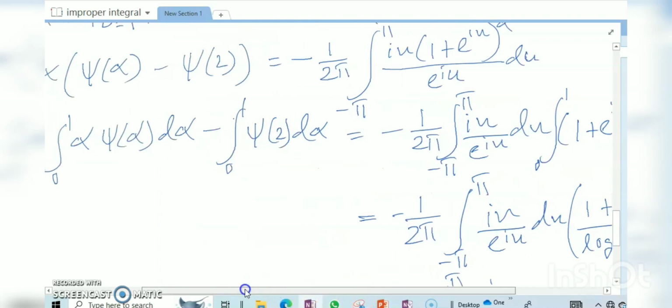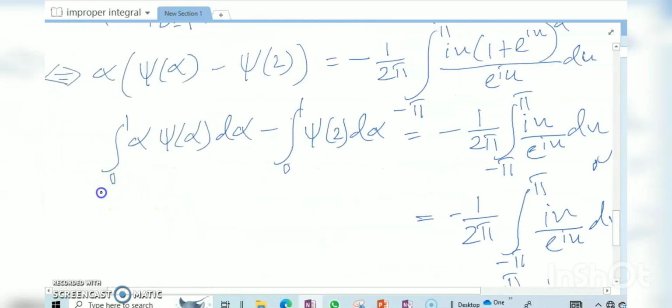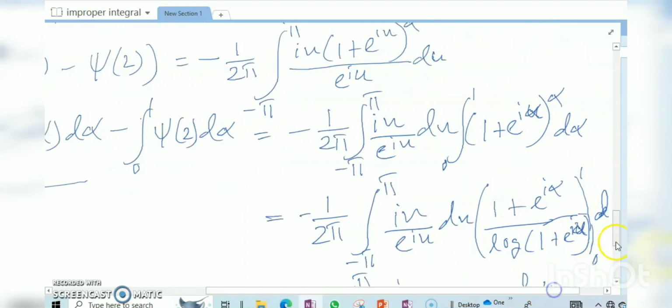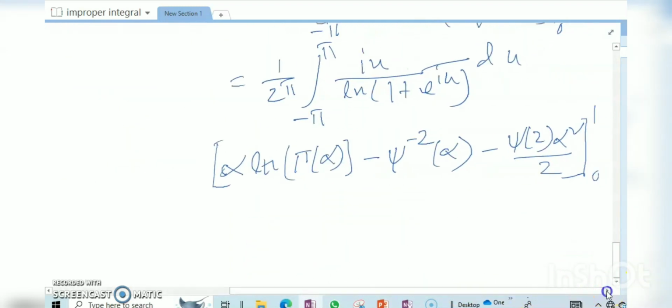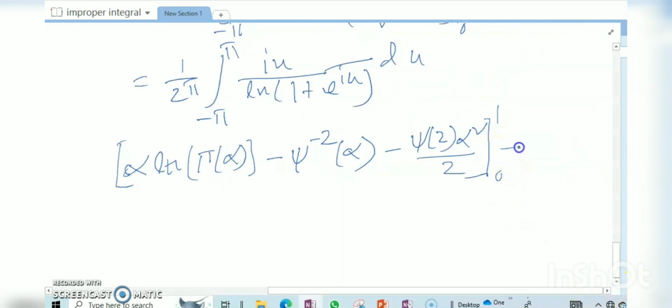You see I am just doing these integrations. Okay, and another factor you get here, minus digamma 2 alpha square by 2. Okay, there is no digamma 2.